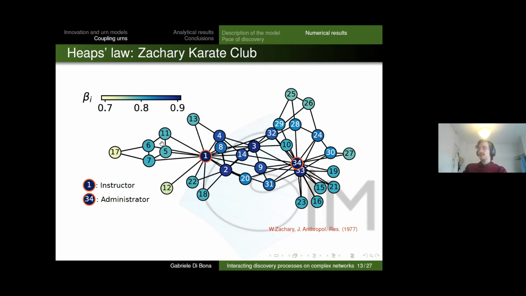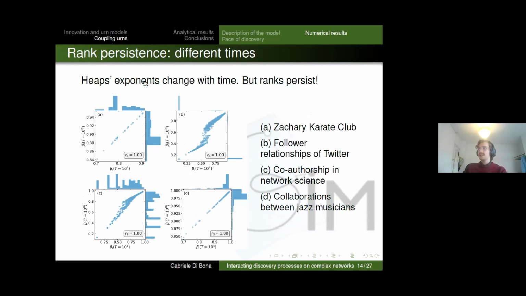Very interesting, but you can see that the Heaps exponents change, as I said before, but the ranks persist. This is the first clue that something more is going on than what I just told you. It's much more related to the structure of the network.